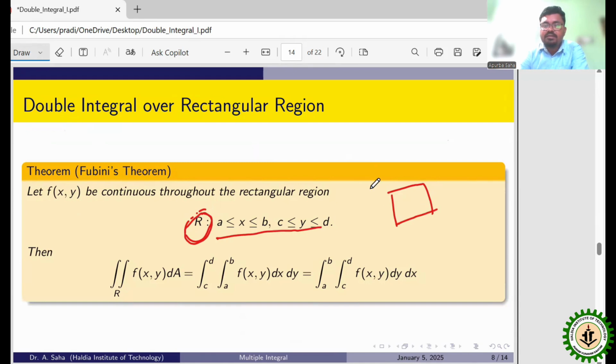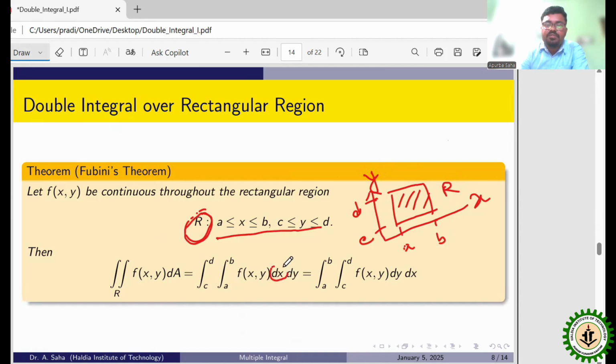This is your rectangle in the xy plane. This is your R. And we let x run from A to B and y run from C to D. So this is your area of integration. Then the double integration of f of x, y dA equals the integral from C to D of the integral from A to B of f of x, y dx dy.